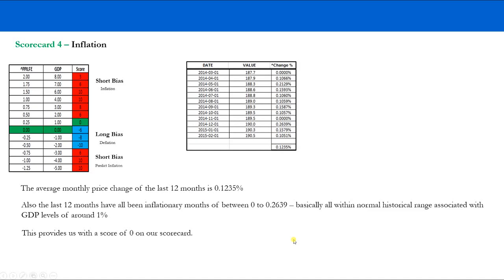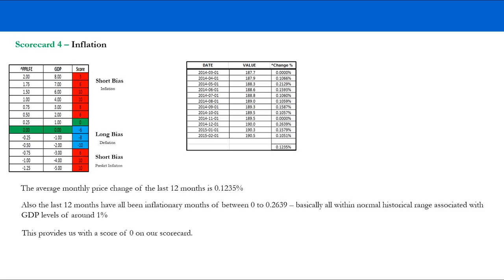So what do we get when we apply the 12-month rolling number? Well, the average monthly price change over the last 12 months is 0.1235%. So the average 12-month percentage move in PPI ex food and energy has been 0.1235.